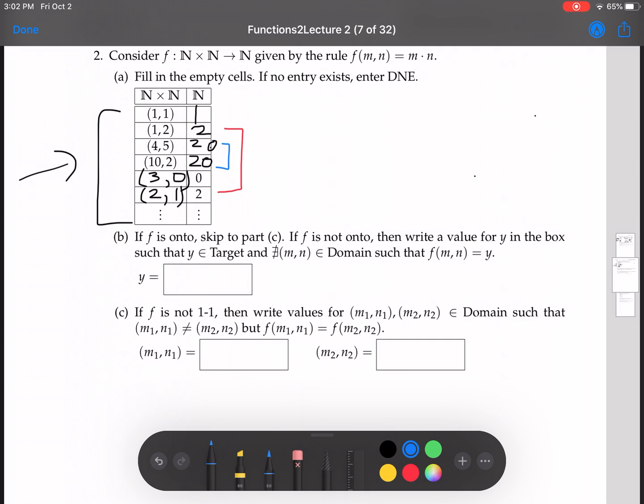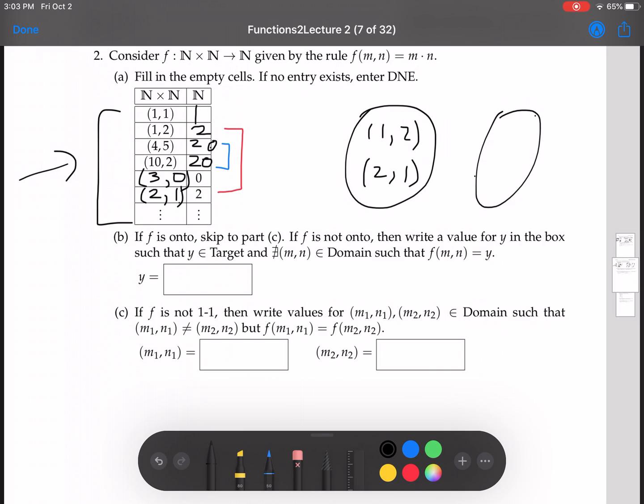If I had more room and I wanted to, I could put a (5, 4) here, and I would get 20 as well. So that's another way that it fails one-to-oneness. But you see what's going on here: we have (1, 2) and (2, 1), and they both go to 2.